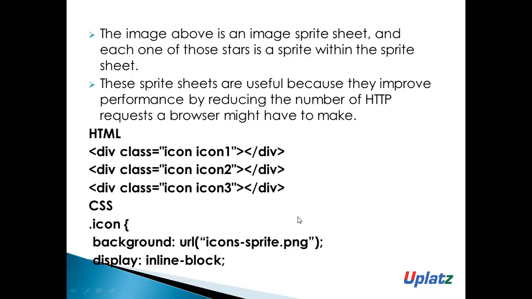This is called an image sprite. Each of these stars is a sprite within the spritesheet. This can improve performance by reducing HTTP requests to the browser. So icon 1, icon 2, icon 3 are the classes, and icon image sprite can be the image sprite I have.